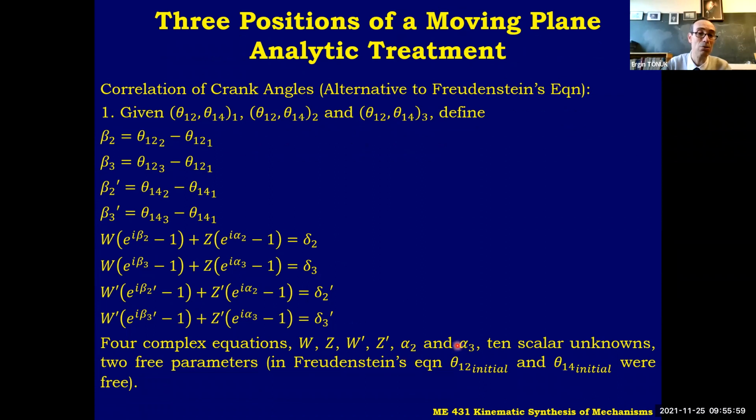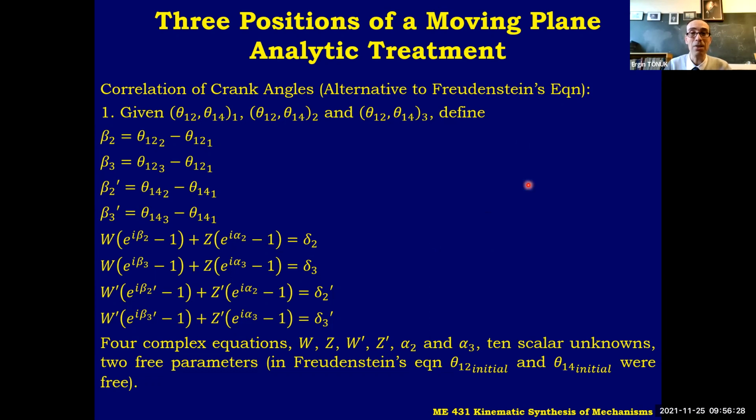And still you have 2 free parameters. You have to determine these complex variables as well. I don't know if you would like to use this, but it can be done, okay? So that's another use of it. As I said, it's an alternative to Freudenstein's equation, but it's cumbersome.